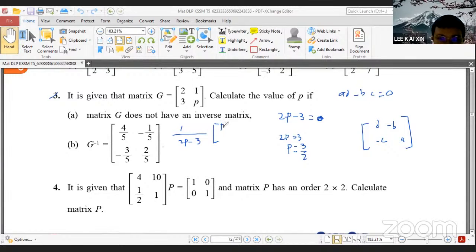P you move on top, negative B, negative C, and the A. So you get this: 4 over 5, negative 1 over 5, negative 3 over 5, 2 over 5.